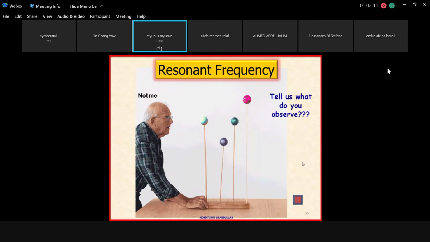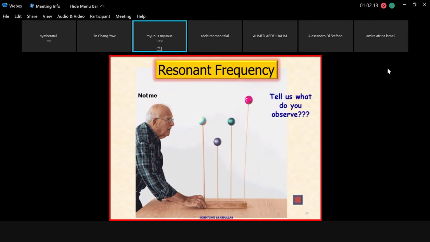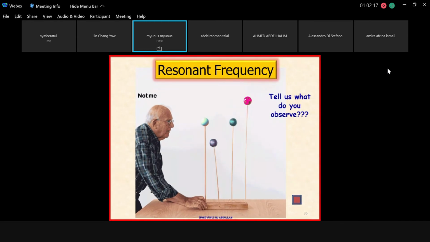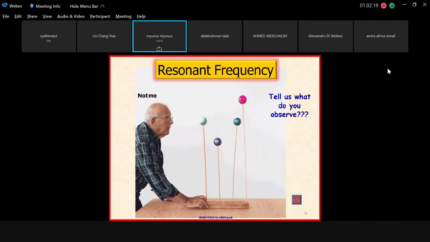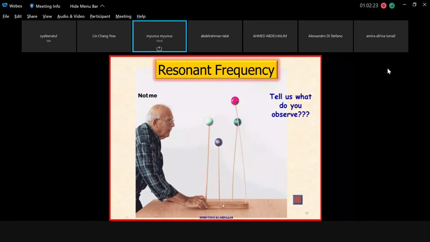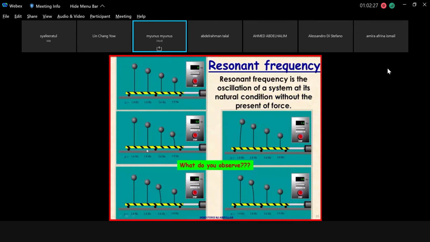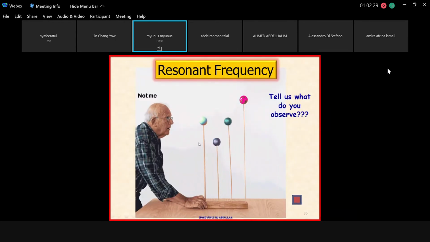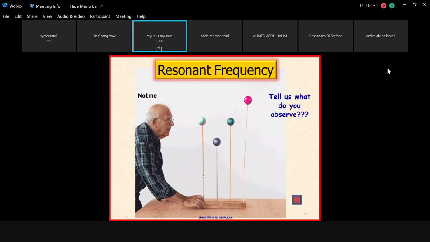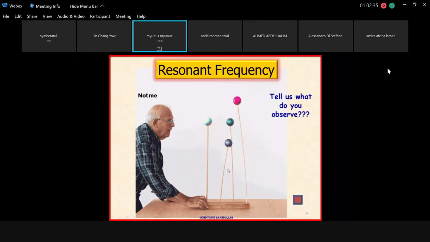Look at this one. This is not me, and not my colleague either. I picked this up from Wikipedia. Look at here, you have 1, 2, 3, exactly like what you have here. You have the stiff rod, and you have a ball here with mass, of course, with different color coding.